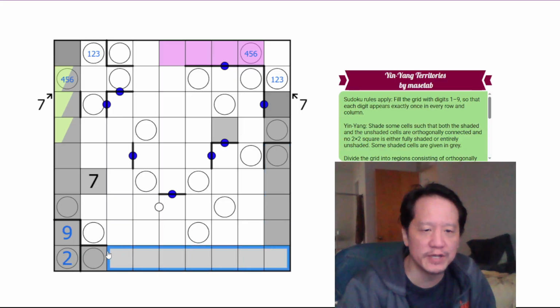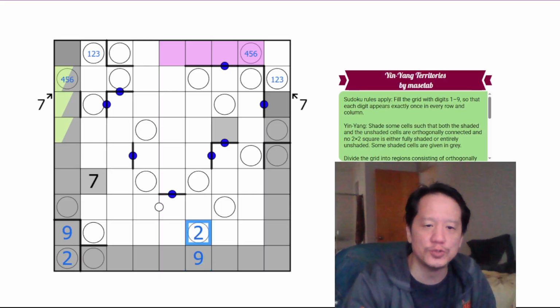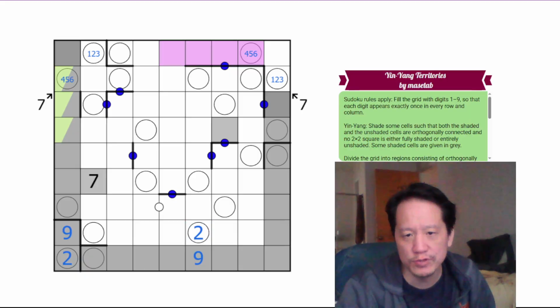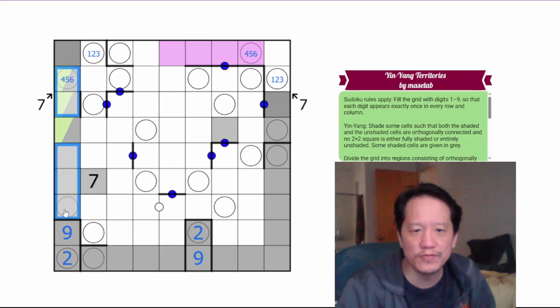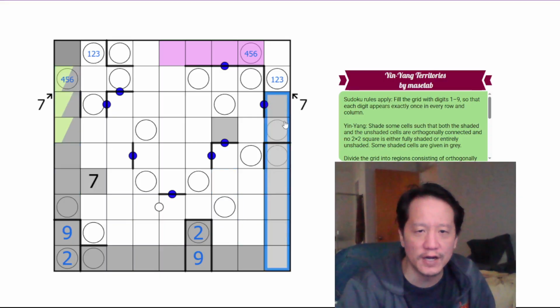So there would have to be a 9 somewhere here with a 2. So therefore, this would be 9 and 2 guaranteed as a region. And every time you have a 9, so you could have a non-9 here.